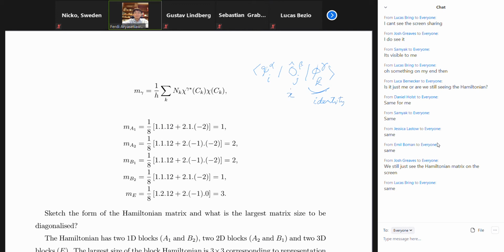So you first have to figure out which representation this dipole operator corresponds to, and then from the direct product representations, you can easily figure out which states, belonging to which irreducible representations, are not zero. Okay.